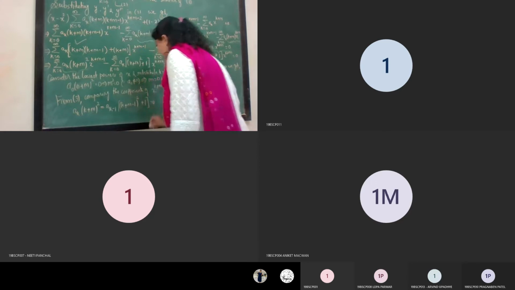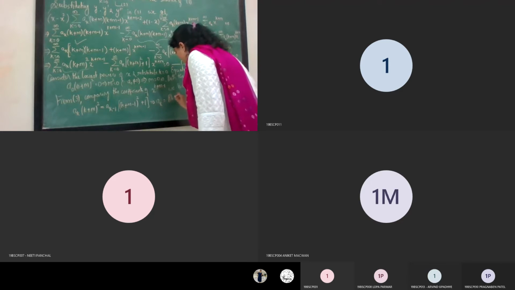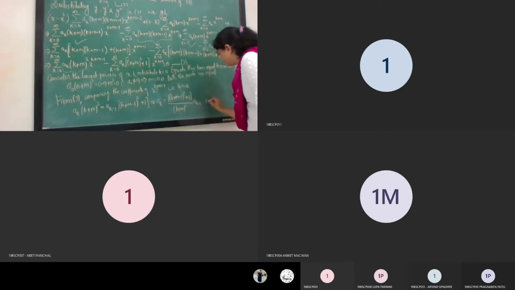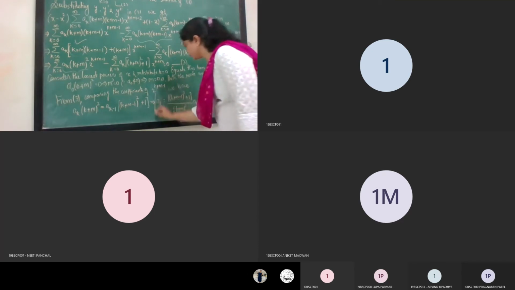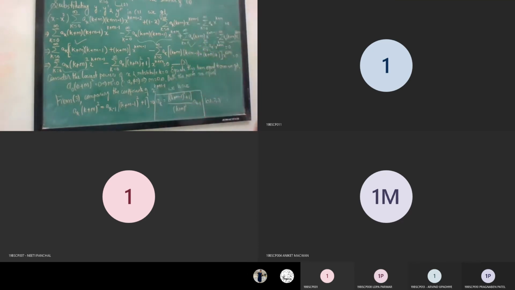From here I can write ak is equal to k plus m minus 1 whole square plus 1 divided by k plus m whole square times ak minus 1, where k is starting from 1, 2, 3 and so on. So this is your recurrence relation.